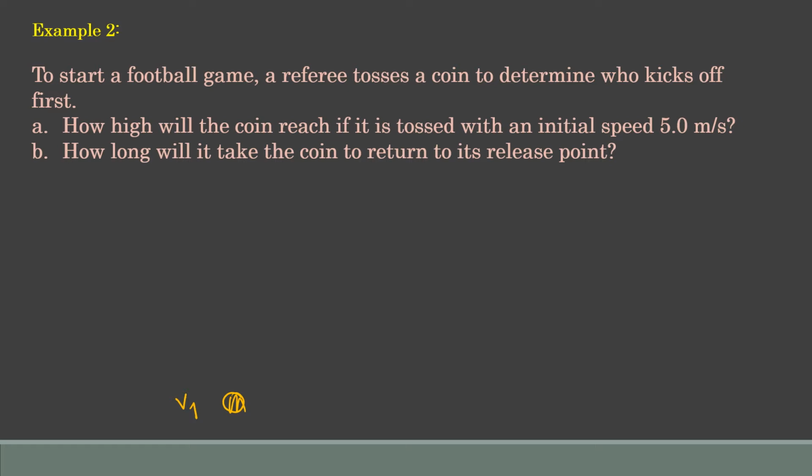Otherwise the object will not be moving upward. However, as it moves up, since it is moving away from the pull of gravity, the object will experience a decrease in its speed or velocity.